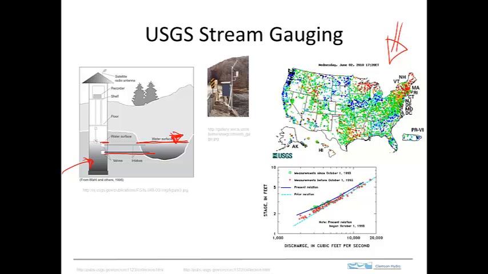So instrumentation is set up in this stilling well to measure its level. And what's shown here is just a simple float system. You can imagine you have a float that goes up and over a pulley and a counterweight here. And then as the water level goes up and down, that turns a wheel here and registers the water level. And so that's an old style of water level measurement system.